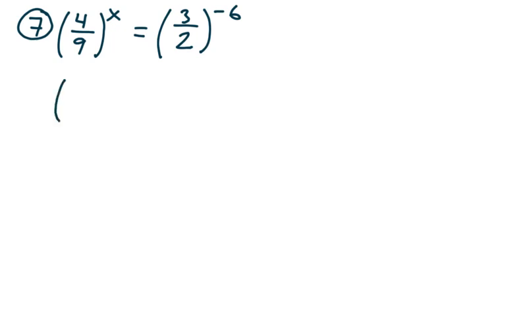So what I'm going to do first is write 4/9 to the x, and instead of having 3 halves, I'm going to have 2/3. But when you write the reciprocal of 3 halves, I have to change the sign of the exponent from a negative 6 to a positive 6.